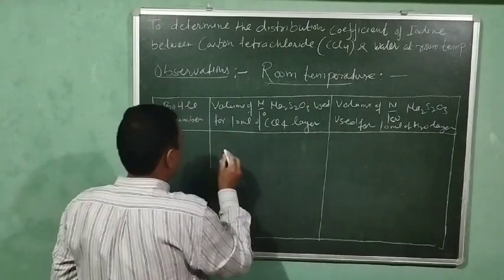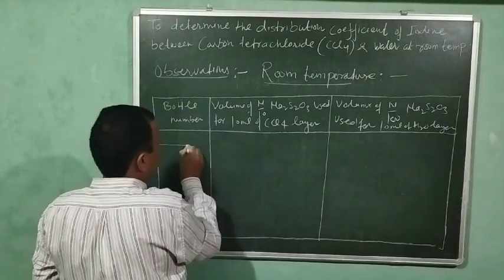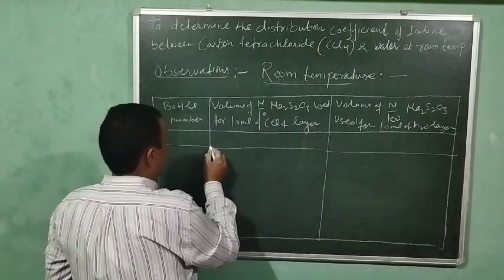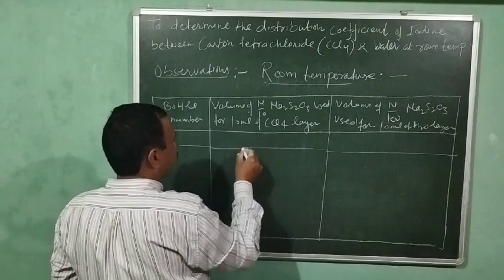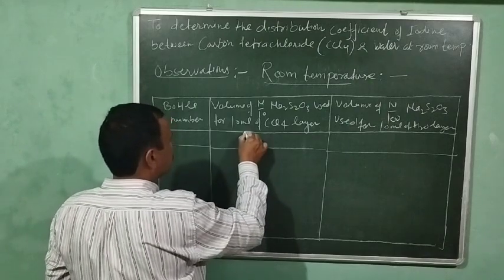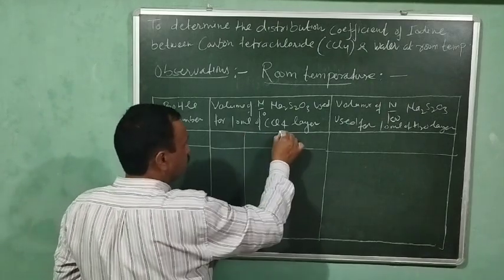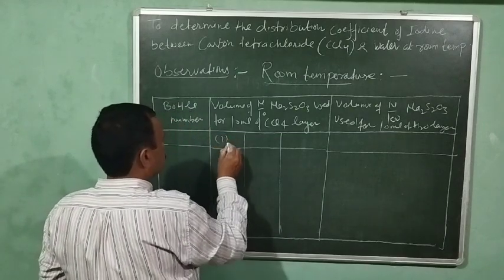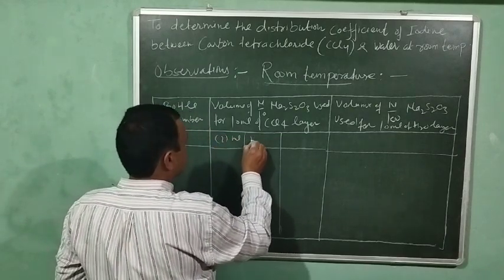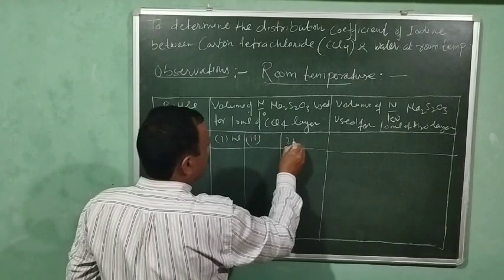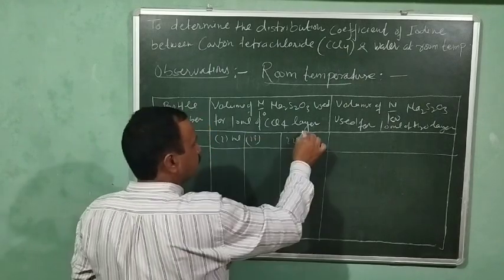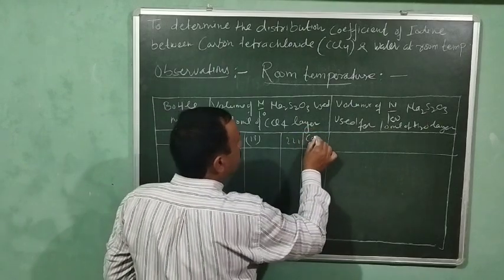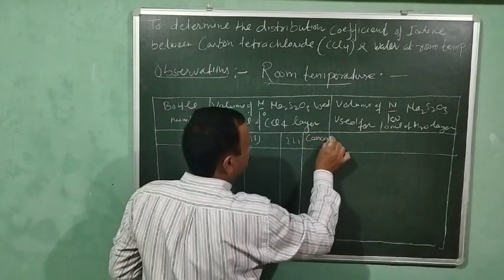And here again, as I said, we will have 3 concordant readings and we will have 3 volumes. So first volume in ml, this is second volume, and here we will have third volume, and here we will have concordant volume.